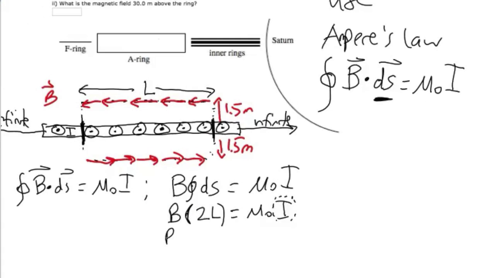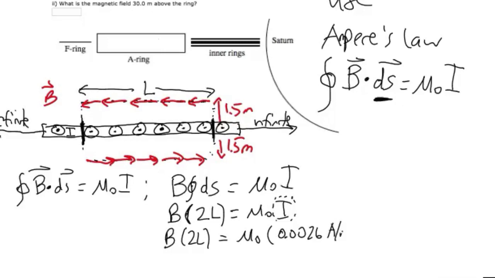B times 2L is equal to mu naught times, well, the current. Notice that it's given as 0.0026 amps per meter of radial distance times, well, how long is this thing? How long is it that way? Well, that's pretty easy.